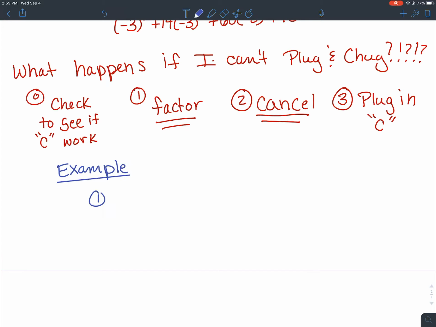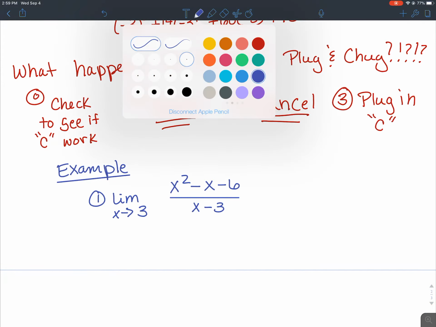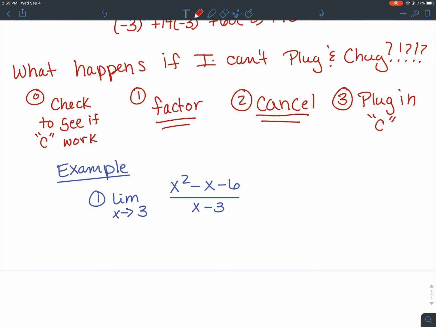All right, example 1, my bad. The limit as x approaches 3, and the problem is x squared minus x minus 6 all over x minus 3. All right, so I'm going to check step 0 by plugging in my C value.